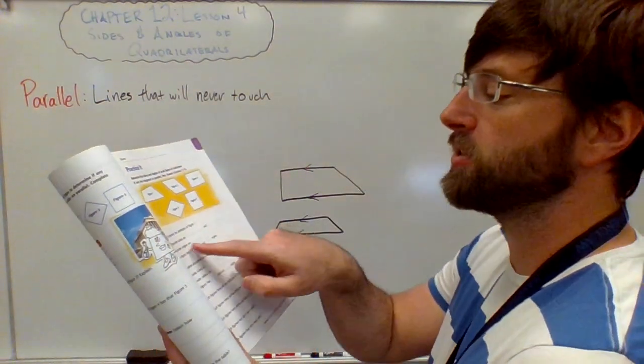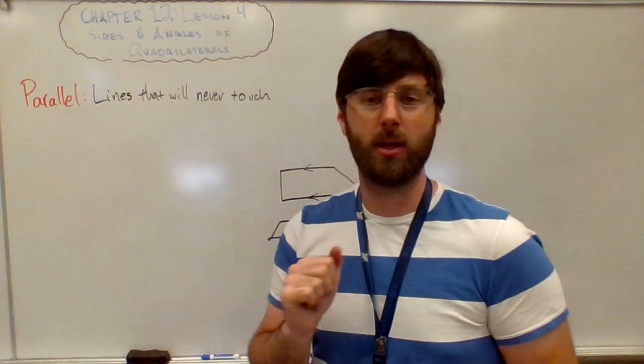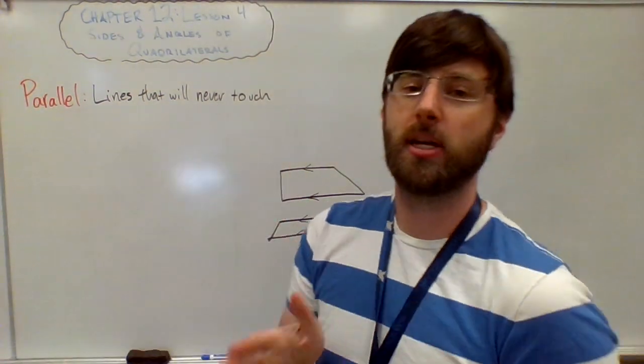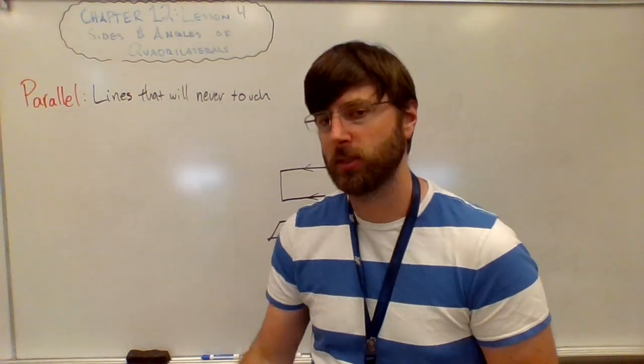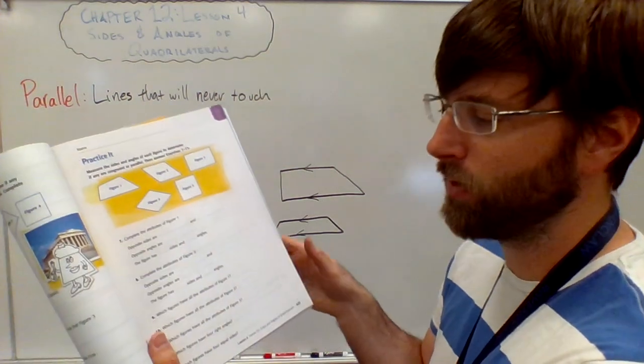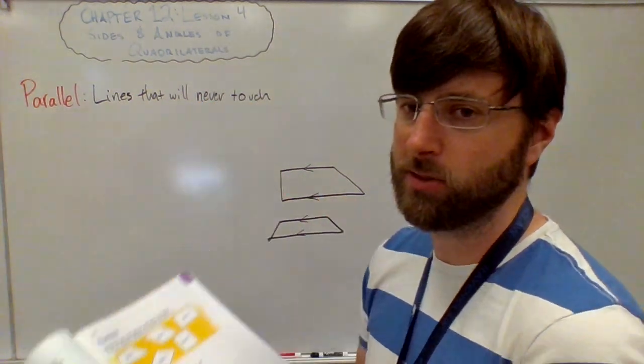So you're going to say opposite sides are either parallel or not parallel, and either congruent or not congruent. Incongruent is a word, but you can write not congruent. It's fine. So yeah, you do fill in every little blank there and do your best to answer these questions.